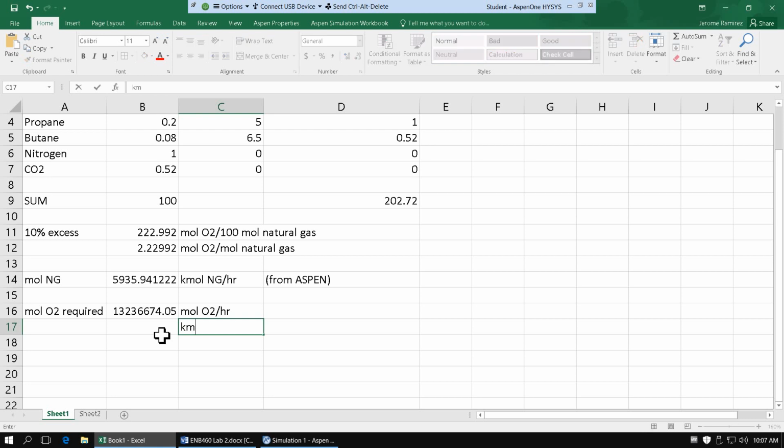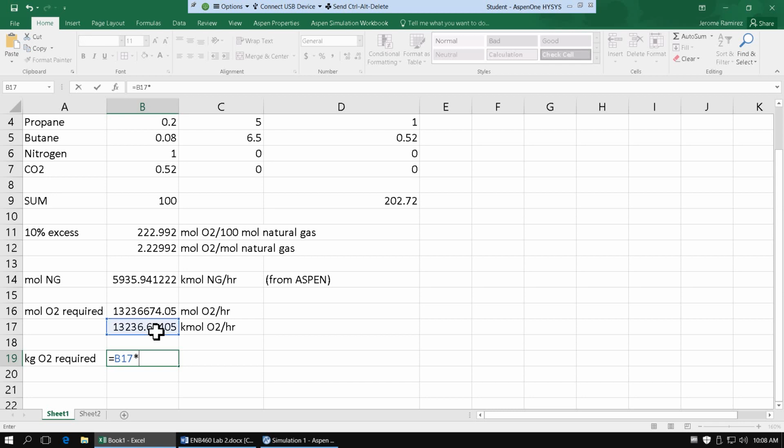And to convert that back to kilomoles O2 per hour, just divide that by 1,000. And then say kilograms O2 required.